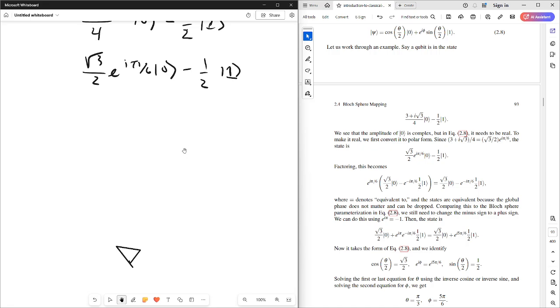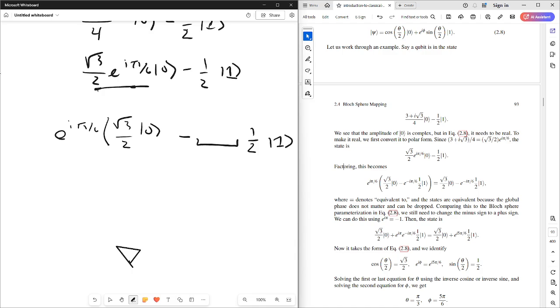Now we need to pull out this e to the I pi over 6 in order to make this amplitude real. So we wind up with e to the I pi over 6 times square root of 3 over 2 state 0 minus, and when we multiply this times whatever we're going to place here, because we have 1/2 state 1, we're pulling it out.